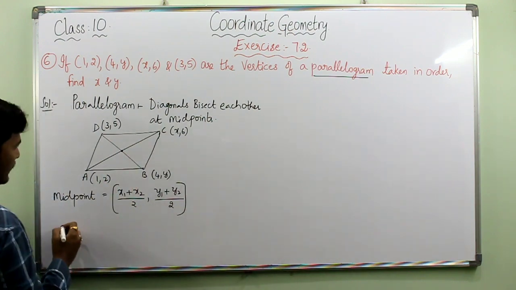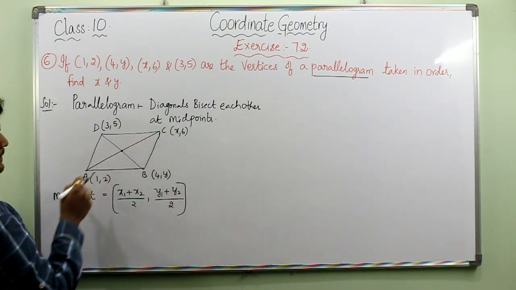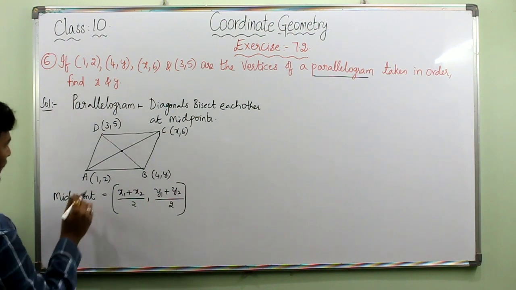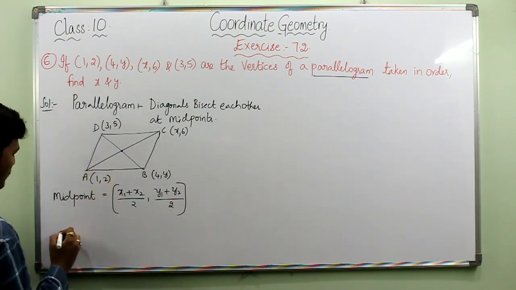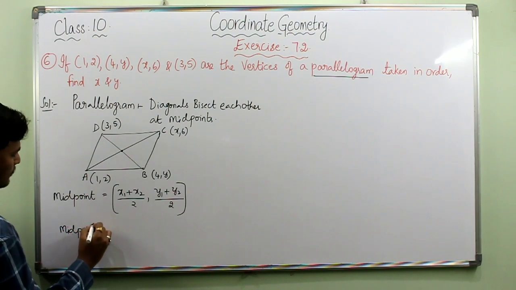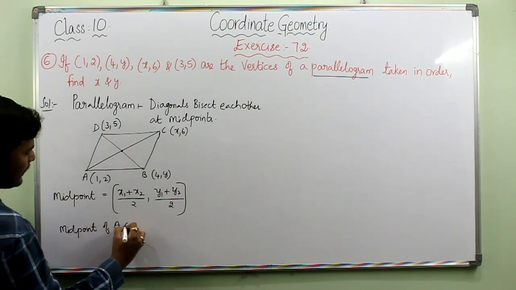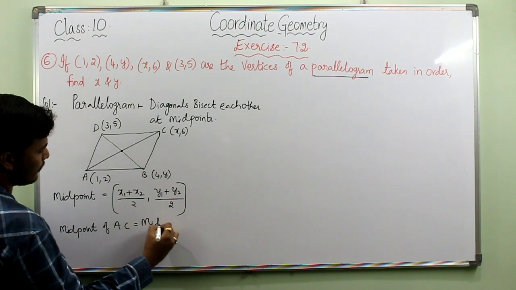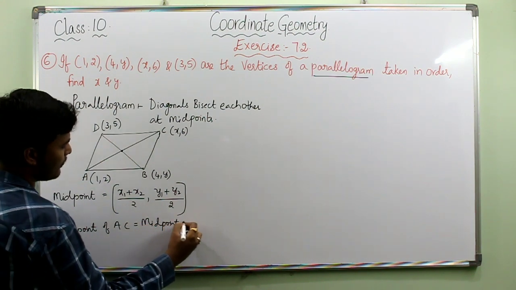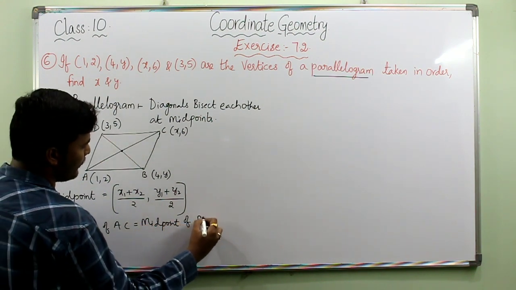So we will equate, since the diagonals bisect each other at their midpoint, I can write that the midpoint of AC will be equal to the midpoint of BD.